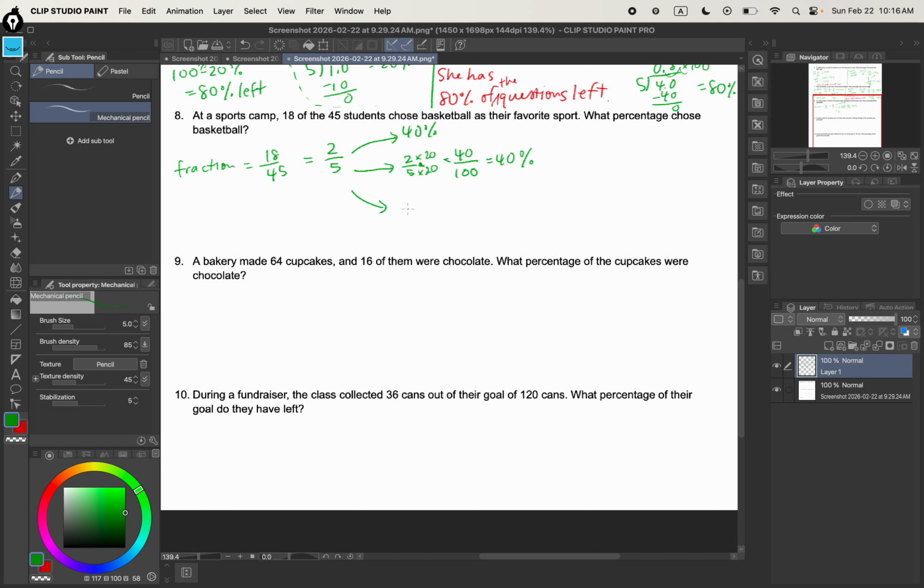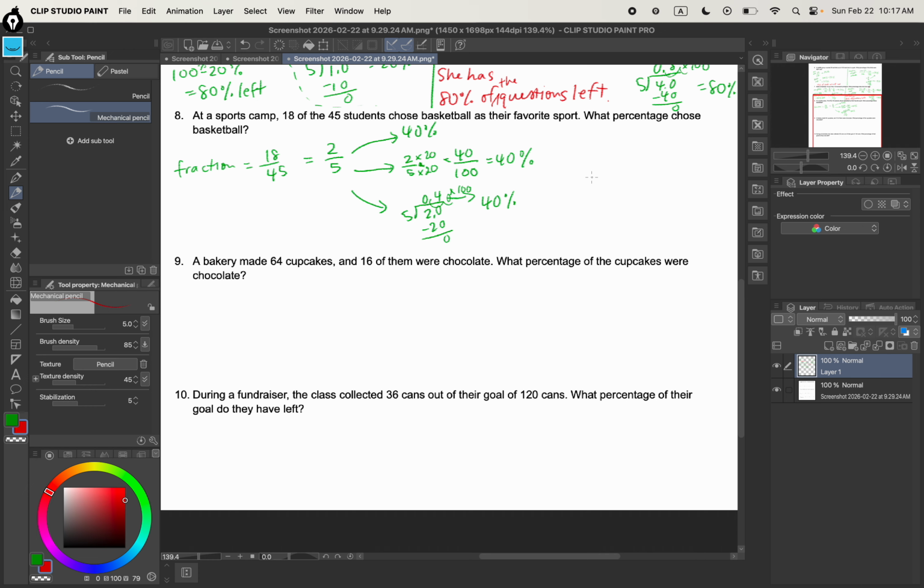Or I can do top divided by bottom, decimal, 0.4, okay, and then that times 100 is equal to 40% because I move the decimal that many times, okay?